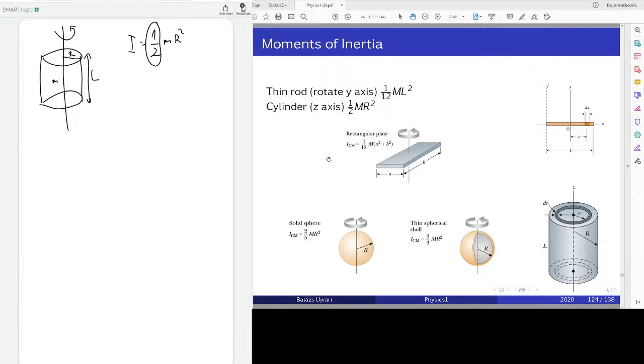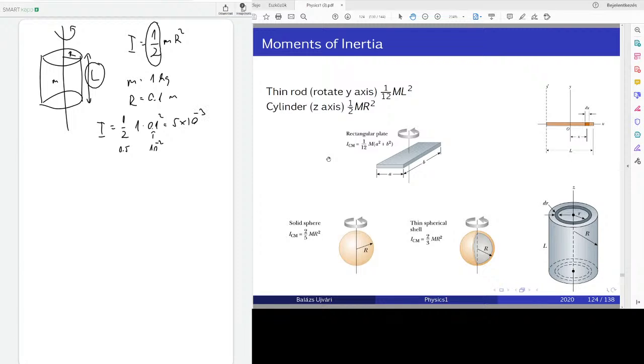So what does it mean? If you have, for example, a cylinder with 1 kilogram, and it does not depend on the length, and the radius is 0.1 meter, what is the moment of inertia? This is 1 over 2 times 1 times 0.1 squared, so this is 10 to minus 2, times 0.5, this is 5 times 10 to minus 3. What is the unit?